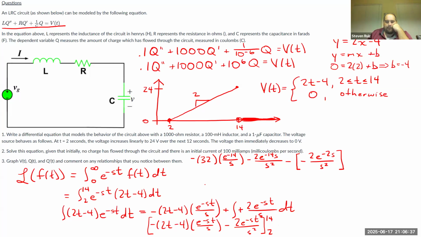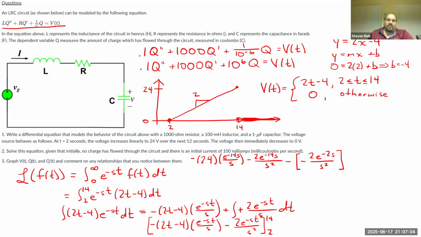Did I lose a t? Or did I lose an s? Yeah, it should be negative 14s, right? Negative 32. Well, that's not 32. 28 minus 4 is 24. Broke some PEMDAS there. Let's just double check the whole thing one more time.